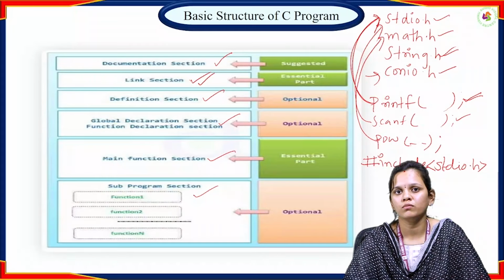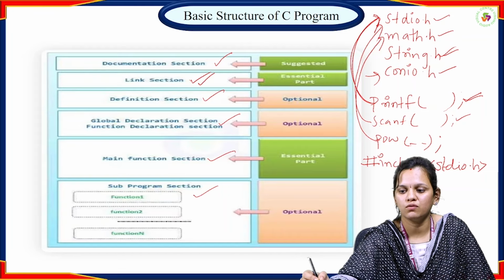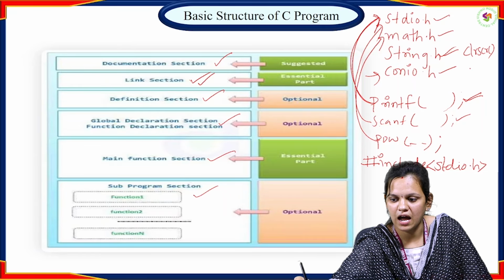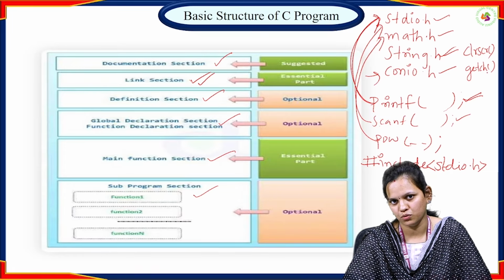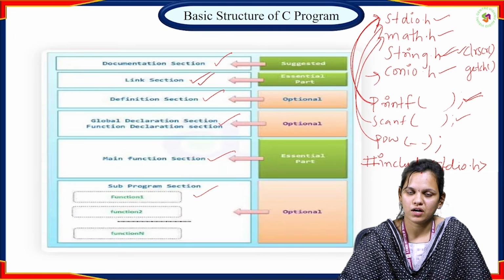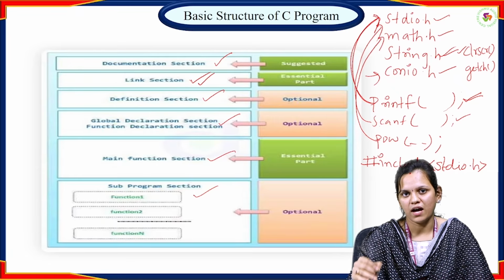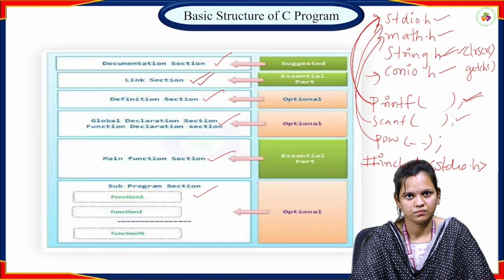We have a famous platform called Turbo C. In that Turbo C, we'll use clrscr and getch. These two functions are used. The clrscr function is used to clear the screen, whereas getch is used to hold back the screen or to get the character.